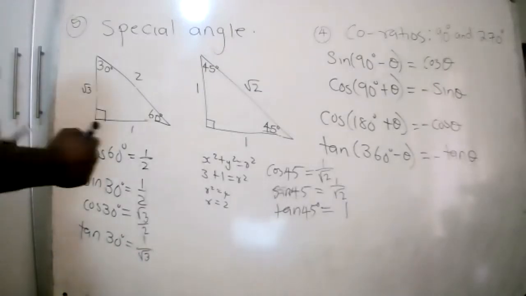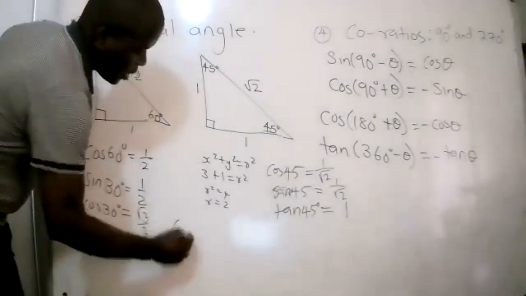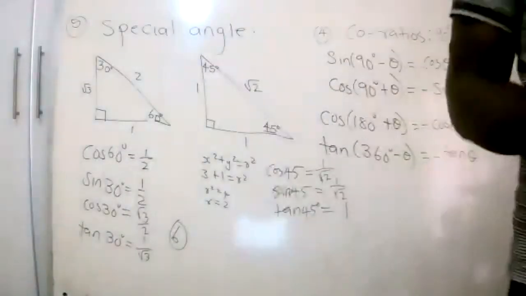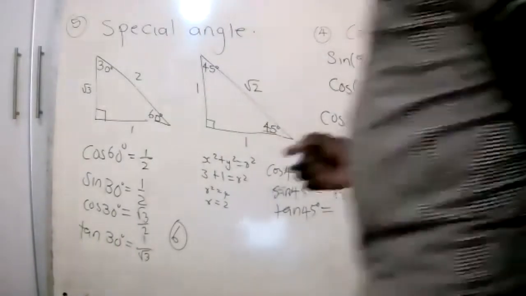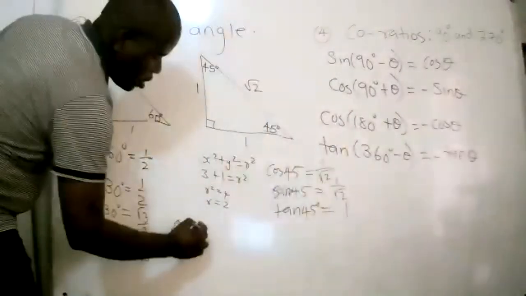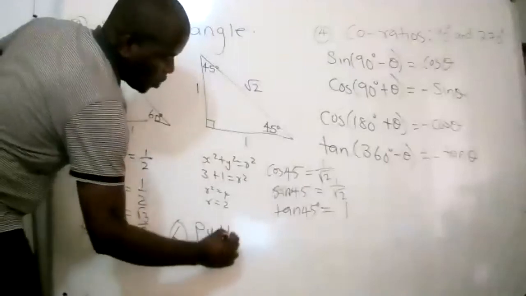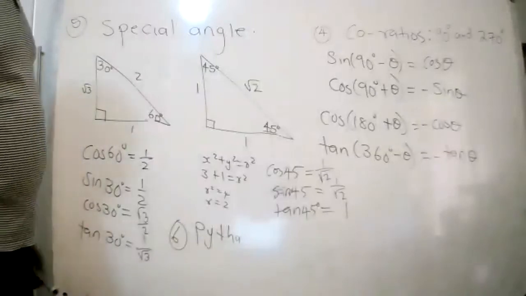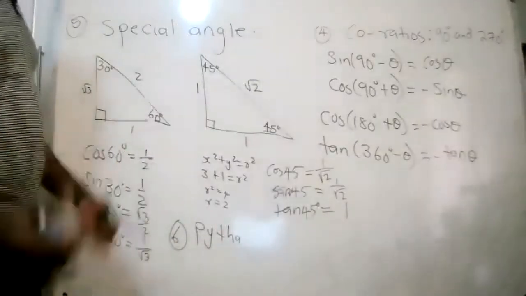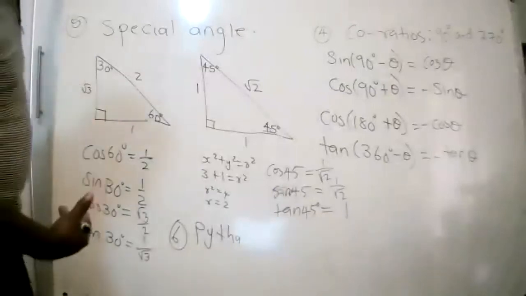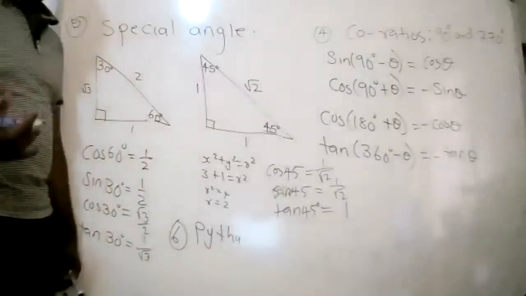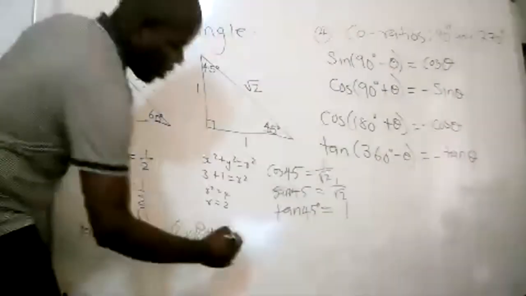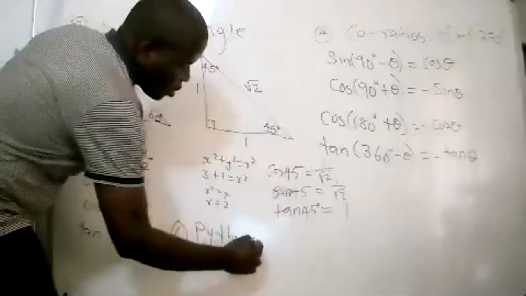This is important information I've given you, but I will make a big mistake if I don't give you what is called the Pythagoras theorem. This is a very popular theorem which you will come across from now until you go to university. It doesn't change. We use it even at PhD level, in mathematics, engineering, accounting.